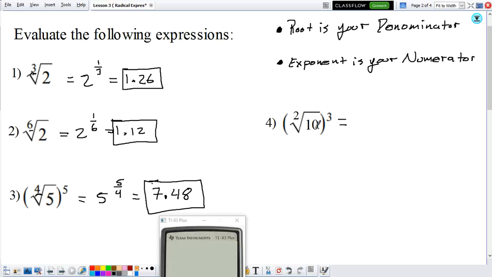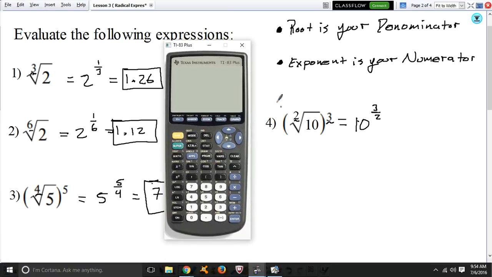Well, what's the base here? The base is 10. And if I want to write it as an exponent, I know that my exponent is going to be a fraction. In this case, my root is 2. So the root is your denominator, so the root goes on the bottom. And my exponent is 3, and my exponent is my numerator. So we can write the second root of 10 to the third as 10 exponent 3/2.